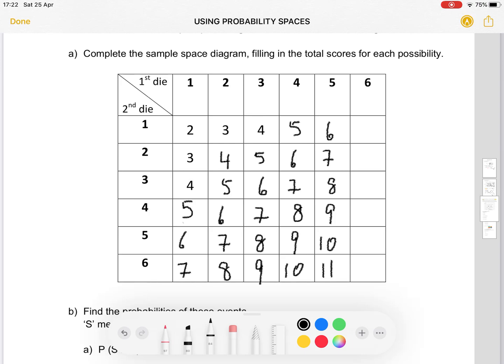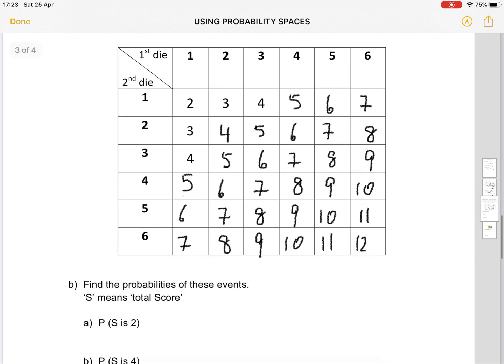Now, the last column, the column of 6. 6 plus 1, 7. 6 plus 2, 8. 6 plus 3, 9. 6 plus 4, 10. 6 plus 5, 11. 6 plus 6, 12. And with that, we have completed the sample space.